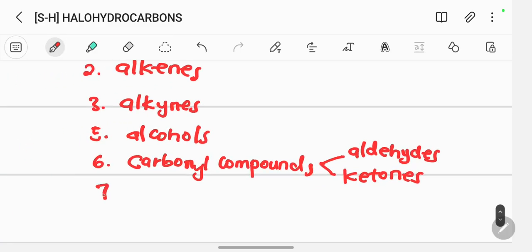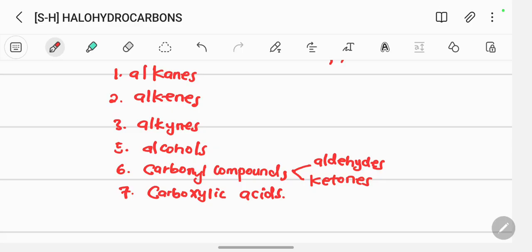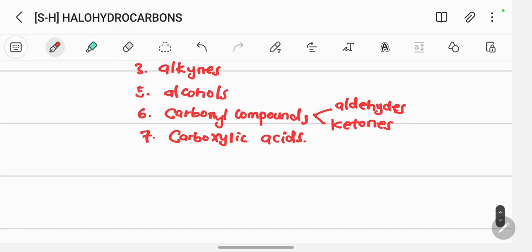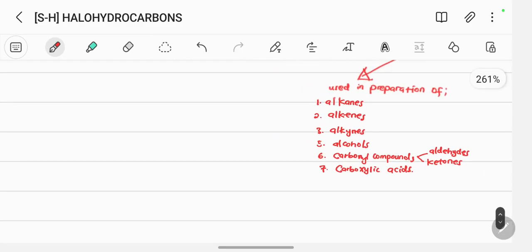Then it's also used in preparation of carboxylic acids. So we march on to preparation 1.